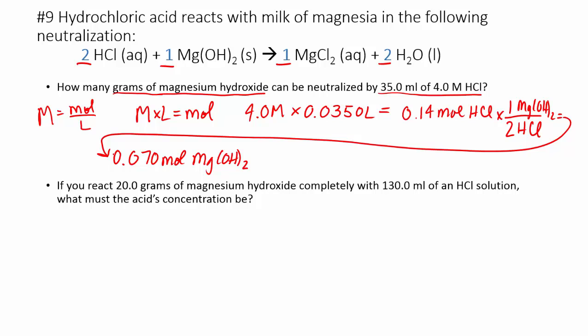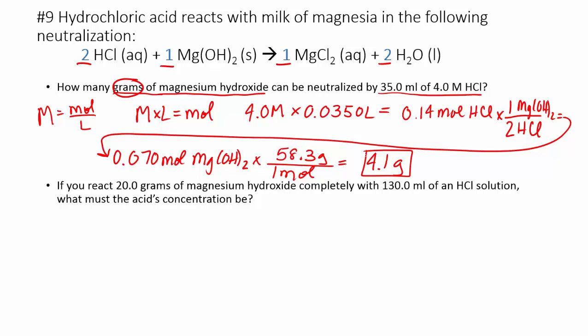So first step, I went from volume to moles. Then I used the mole ratio as my second step. And then final step, I'm trying to find grams. So I'm going to go from moles to grams using the molar mass. So 58.3 grams is the molar mass of magnesium hydroxide. So 4.1 grams is my mass of magnesium hydroxide.